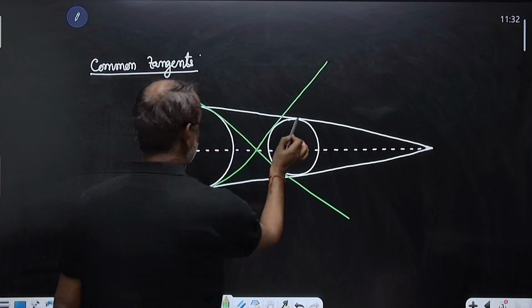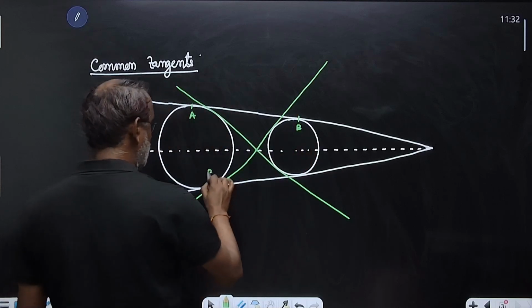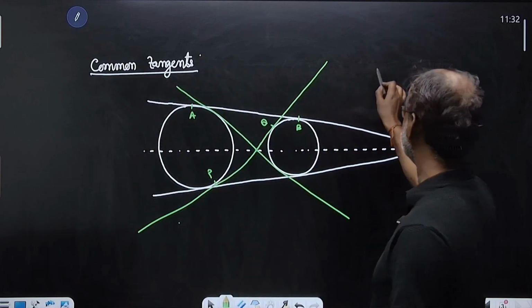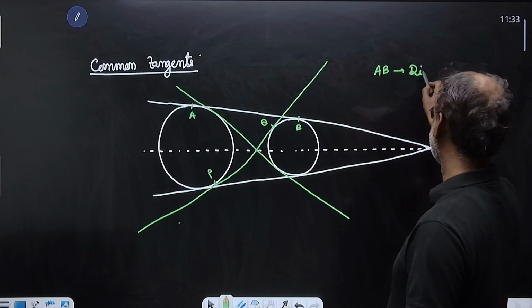AB and this is PQ. So AB is the direct common tangent.